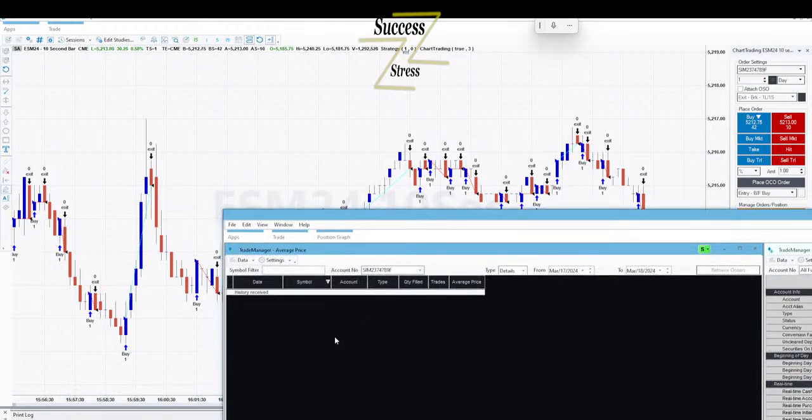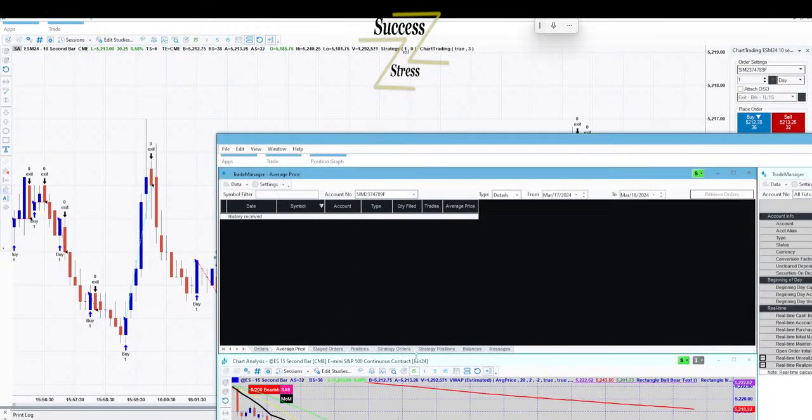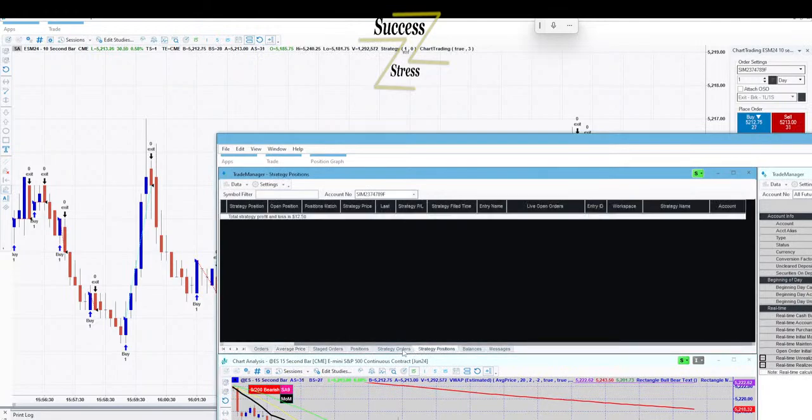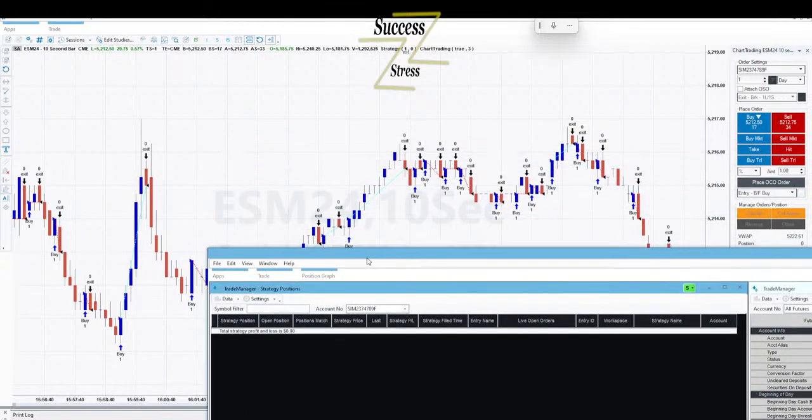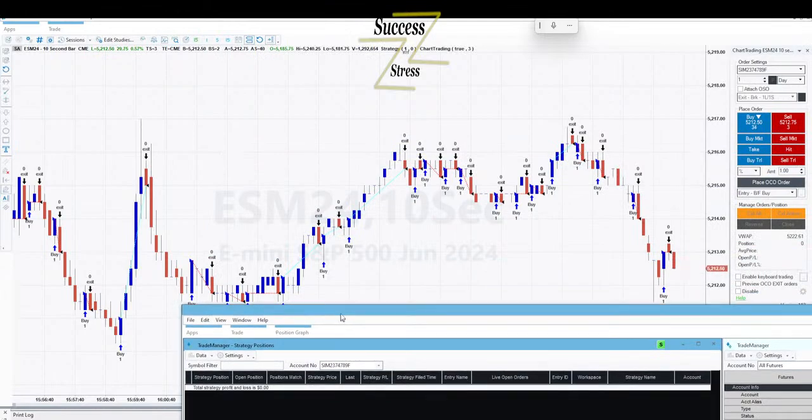All right, so we bought. It's not showing up here. So we got about 5 seconds to take a look at this. Oh yeah, okay, we are in a position. This took us up to $12, and then it exited back at break even, of course.